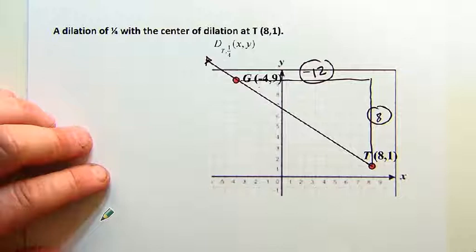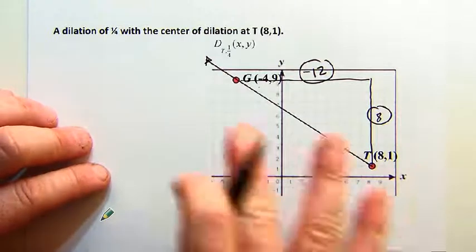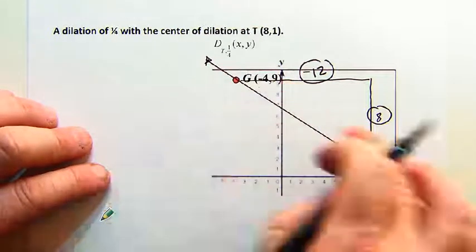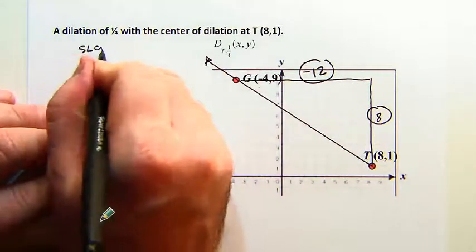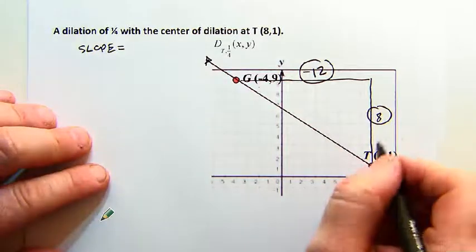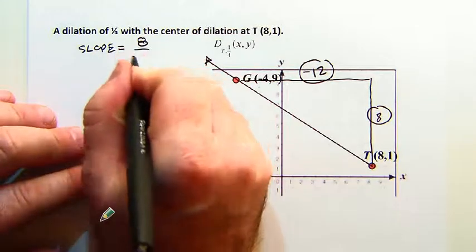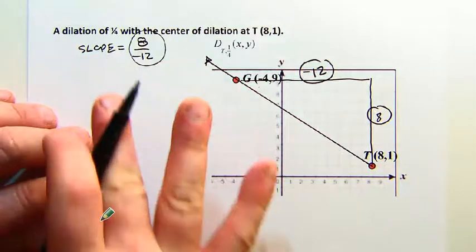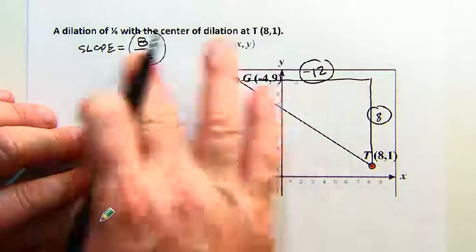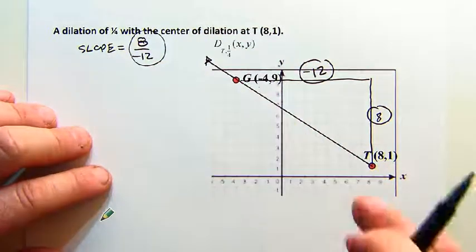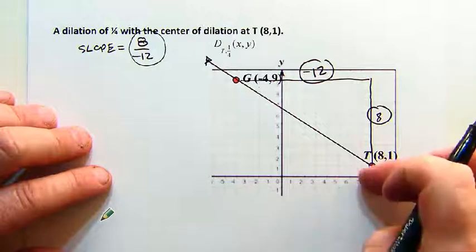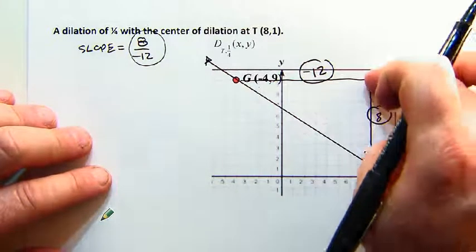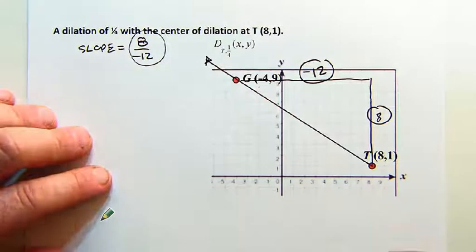Now, here's a very critical idea. Even though our slope, as we would say, is a rise of 8 and a run of -12, typically in most settings, you would reduce that. We do not want to reduce these numbers at all because they don't represent just slope. They represent actually the slope and the distance to that original spot.